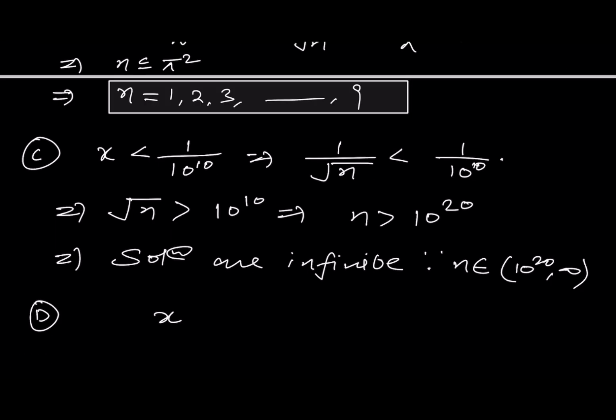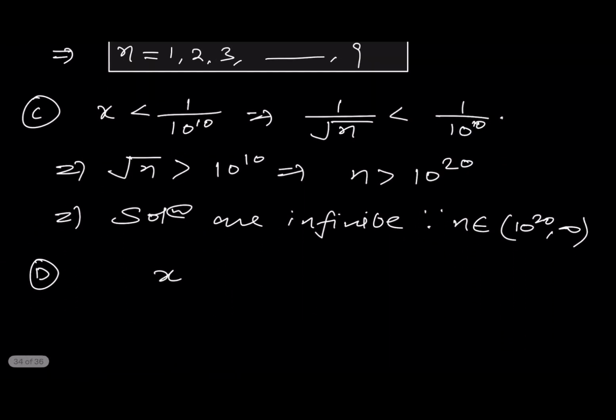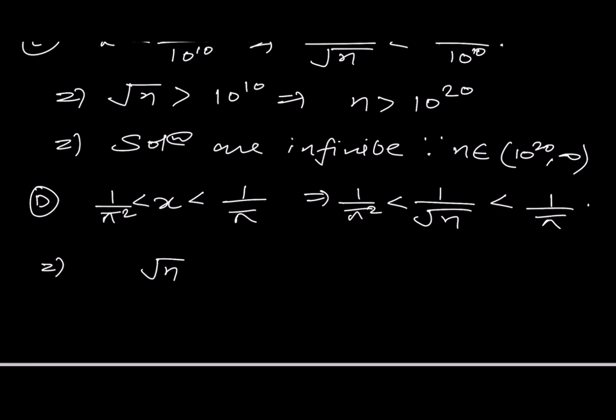So x is lying between 1/π² and 1/π, or 1/√n is greater than 1/π² but less than 1/π. So √n will be greater than π but less than π², or n is lying between π² and π⁴.